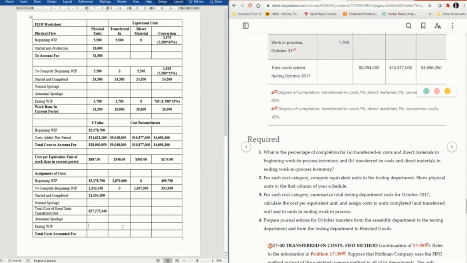What's the value of my ending work in process? Well, I've got 1,700 mechanical seats at $348 each. So that's worth $591,600. The ending work in process doesn't have any cushions yet, but it has 45% of the conversion costs incorporated, or the effort, or the equivalent of 765 units.